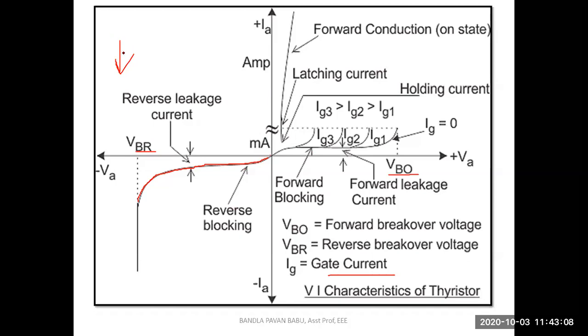Let's look into the VI characteristics analyzed in the reverse blocking state. In this mode, as discussed, J1 and J3 are in reverse bias and J2 is in forward bias, so a small amount of leakage current flows in the reverse direction. How long does it persist? Up to the reverse breakdown voltage.